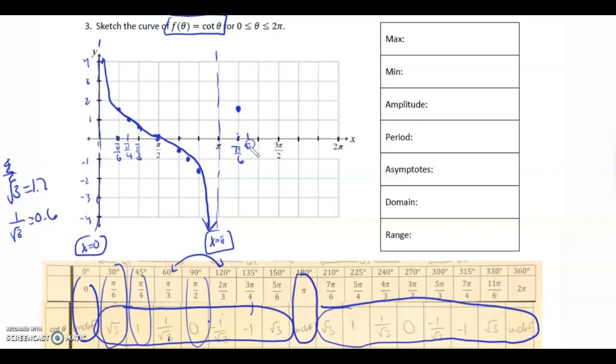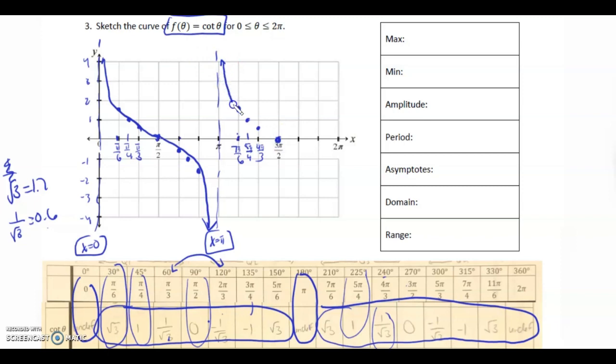Okay, at 5 pi by 4, we're going to do 1. At 4 pi by 3, which is here, we're going to graph 1 over root 3, which is 0.6. And then at 3 pi by 2, we're going to graph 0.